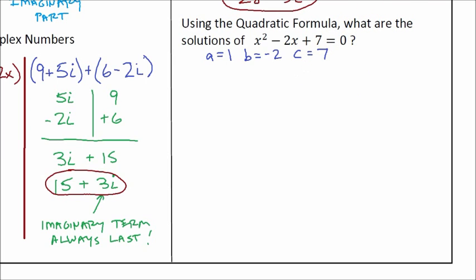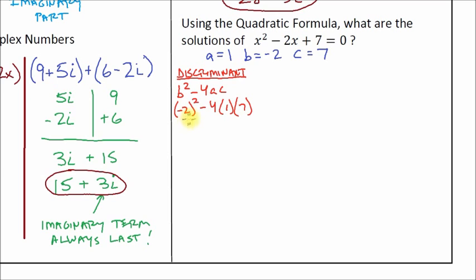Okay, step number 2, after finding a, b, and c, let's find the discriminant, and I'm going to write it out so you guys can see that I'm following the procedure in our flipbook. Our discriminant is b squared minus 4ac. b is negative 2, so we've got negative 2 squared minus 4 times 1 times 7.